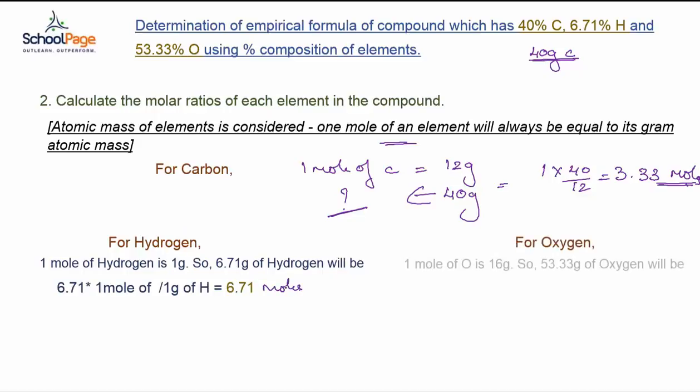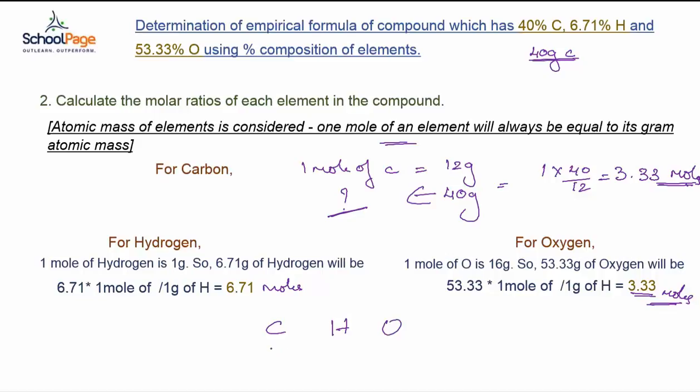For oxygen, 1 mole is 16 grams and 53.33 grams of oxygen will be 3.33 moles. Now we have the molar ratio, that is carbon, hydrogen and oxygen as 3.33, 6.71 and 3.33.